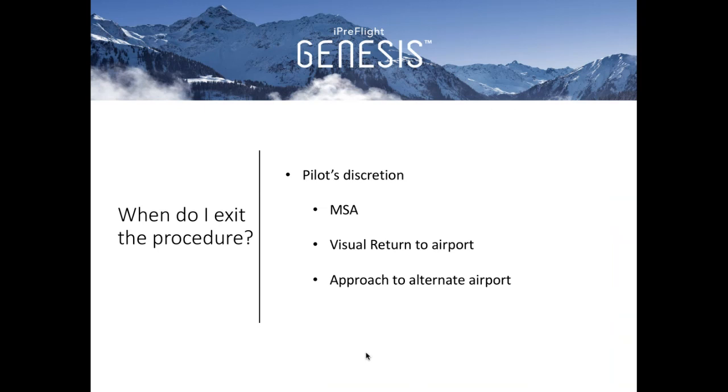This might be the MSA, but it also might be possible to deviate from the procedure sooner if, for example, a visual return to the airport can be achieved or an approach to an alternate airport can be performed. Ultimately, we don't specify an altitude in the procedures because we don't want to force a crew to remain circling in an emergency situation when that may not be the best course of action.